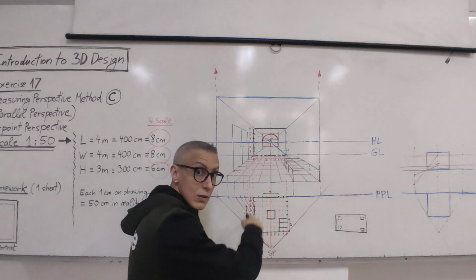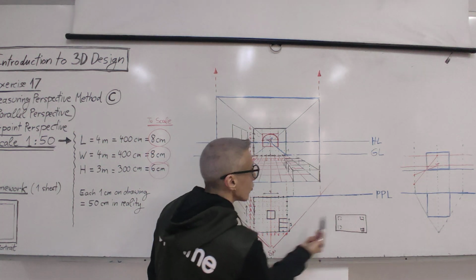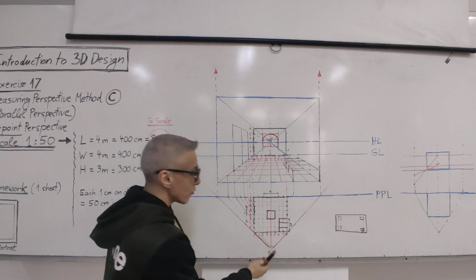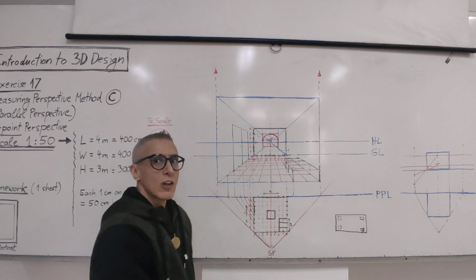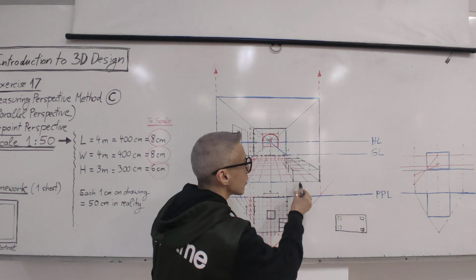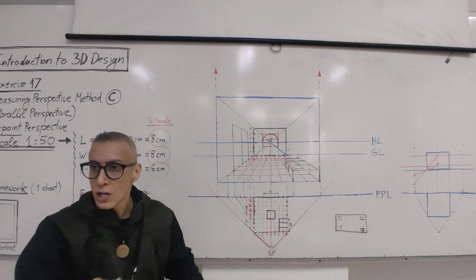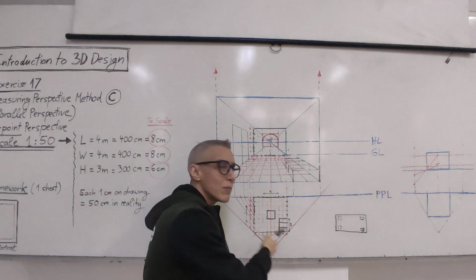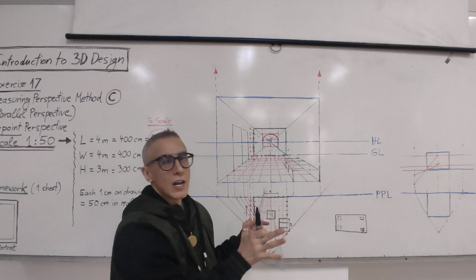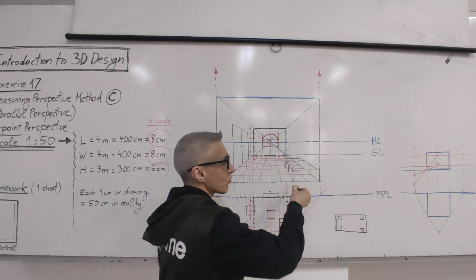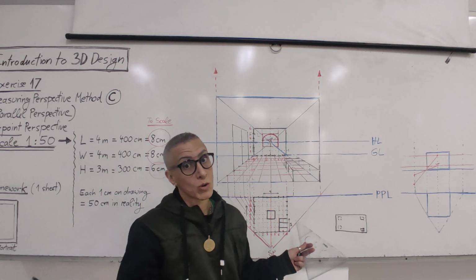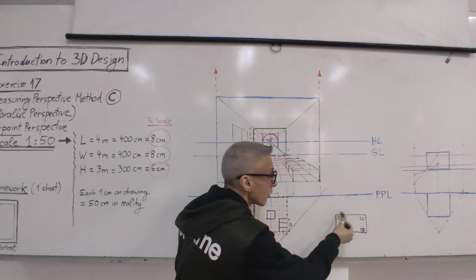You need to draw it here. Then, from these points, you need to take up to the vanishing point from SP, find the lines that they will intersect to know exactly the location here. So, the details, everything must be here. Okay, not only the general stuff and the rest to do freehand. No freehand. All the details.